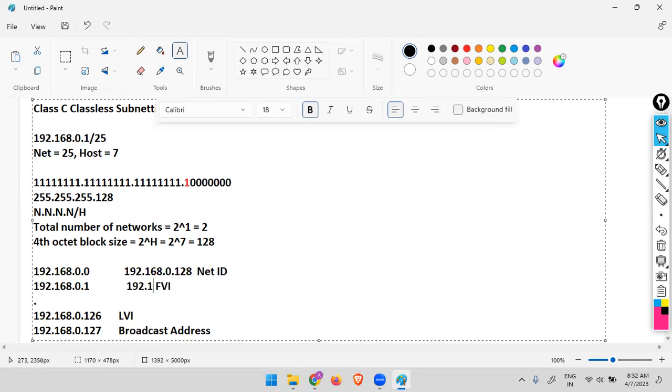Then 0.129 is the first valid address. Here, what will be the last address? 255, so this will be 192.168.0.255, and the last valid address will be 254. This thing is clear.